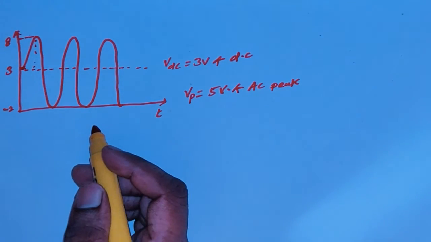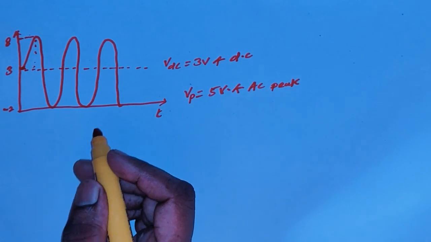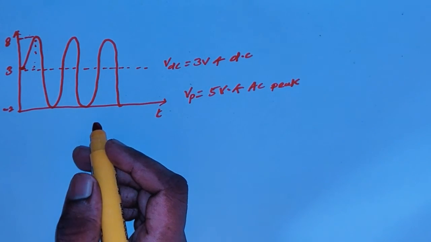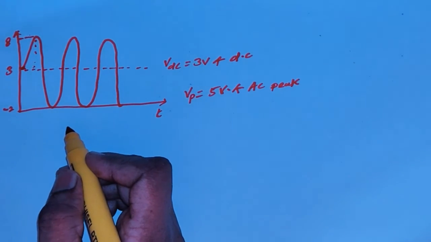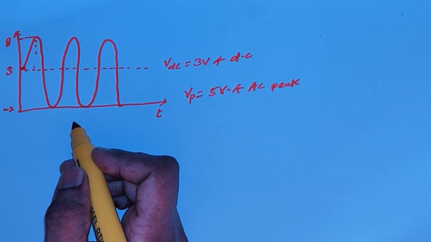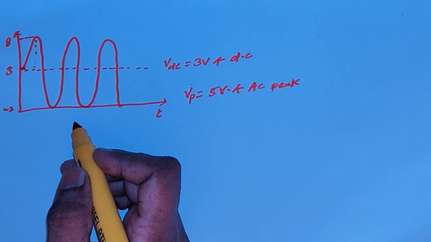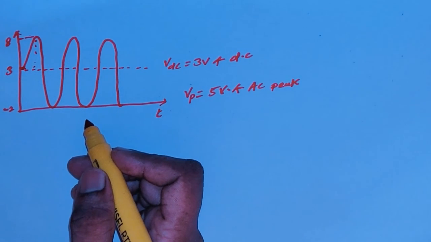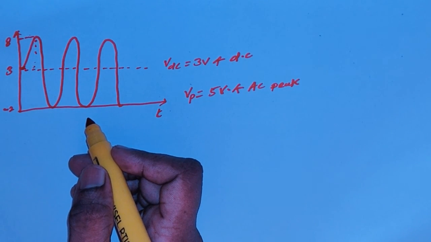Now they are asking what is the power dissipated across the resistor. So for that we need to calculate the power dissipated due to the Vrms. In the same manner for the DC voltage also we have to calculate. We know that the peak voltage for the AC is 5 volt.